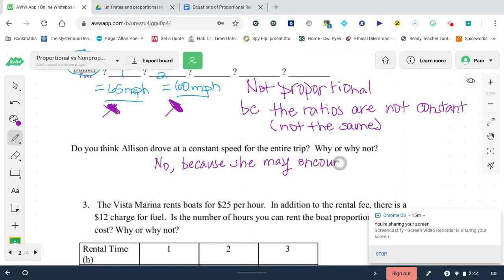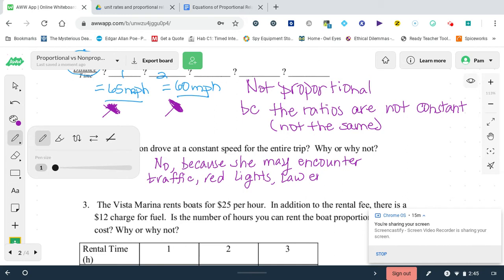And what else did we talk about? Encounter traffic, red lights, law enforcement. You all know we get scared when you see law enforcement.